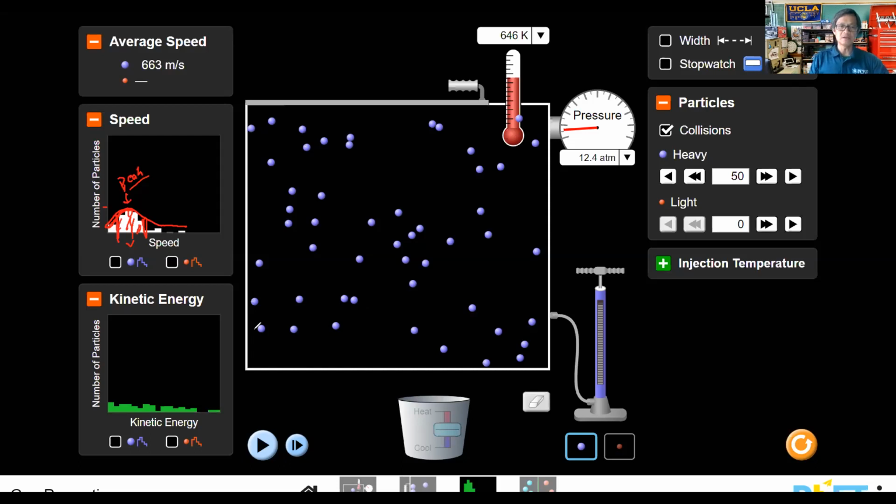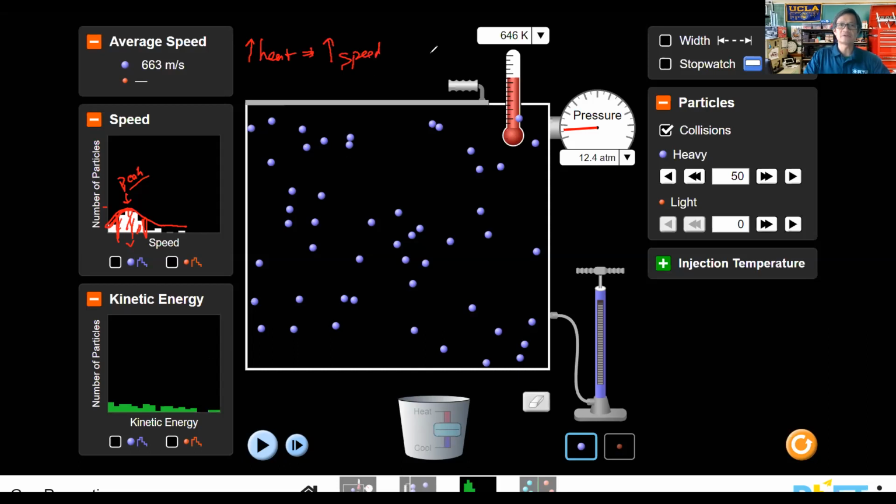And so what can we conclude here? As we increase the heat energy, so we added in heat here, let's go ahead and sum it up: as we increase the heat energy, the speeds of the particles increase.